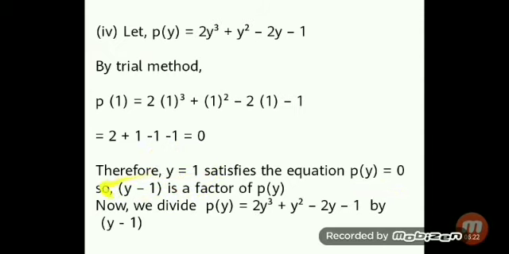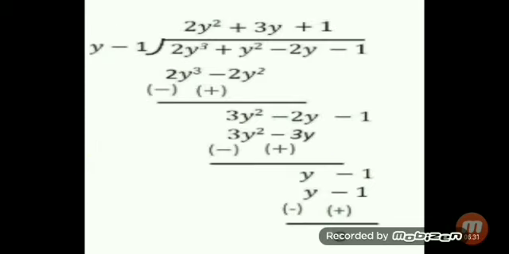So y minus 1 is factor of py. So we divide this polynomial with y minus 1. Now division becomes, we write y minus 1 here and py here. If we want 2y cube, then what should we multiply with y? 2y square. So we write 2y square here and 2y cube here.